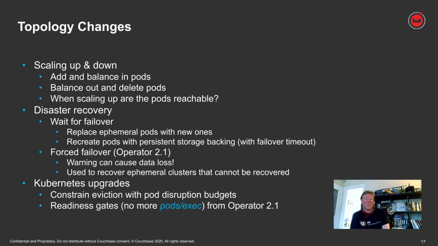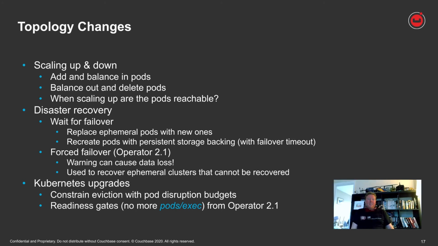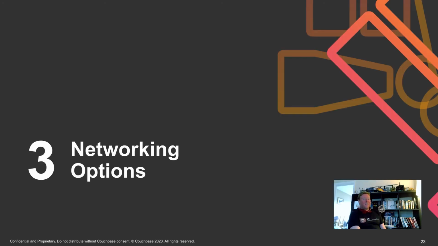So now all we need to do is basically do a read, modify, write of the pod resource and just add a condition in, and that condition is referred to by the readiness gate. So that's all sorted. Now to section 3, everyone's favourite subject, and that's networking.